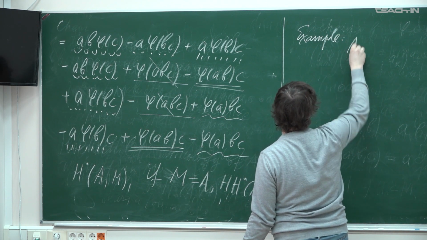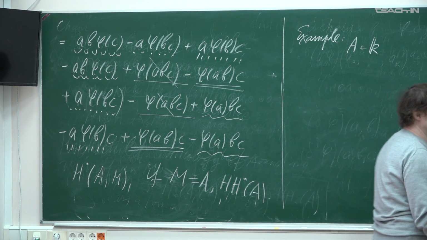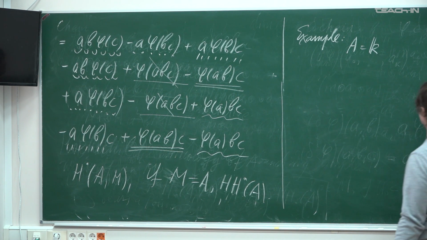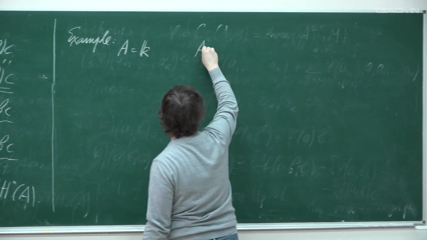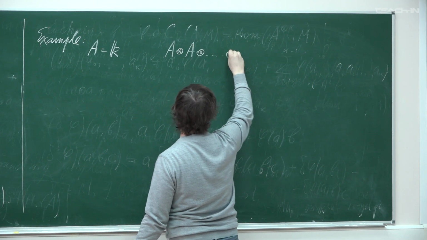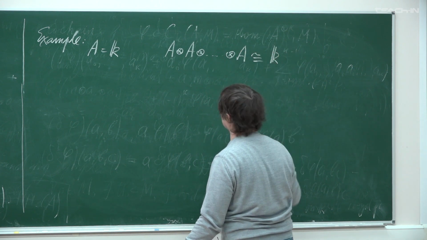The simplest one is when A is equal to the algebra, to the ground ring, the ground field itself, right? Then you take a tensor product over the ground field. A tensor A of the ground field itself, you get the ground field in the end, nothing else, right?